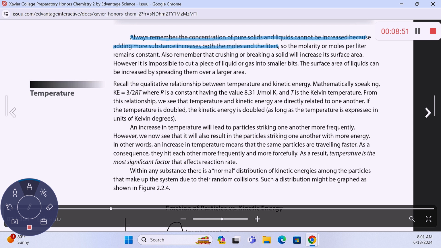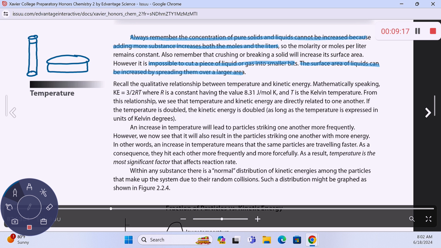The other thing that you have to be careful with is you cannot cut a liquid or a gas into smaller pieces. You could spread a liquid onto a larger surface area if you changed its container. So what I would do is change the container from, let's say, a narrow container, which is kind of like a vase, to something like this.